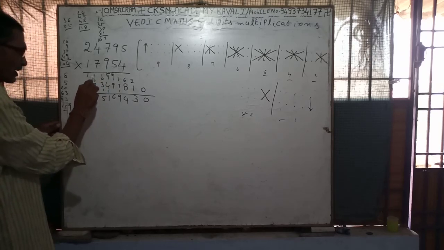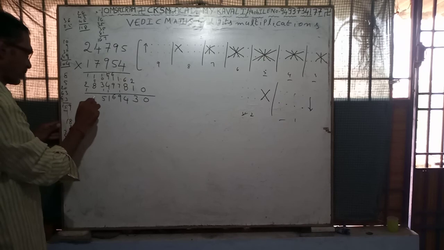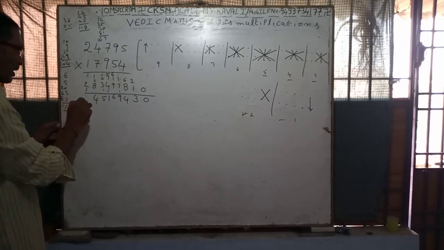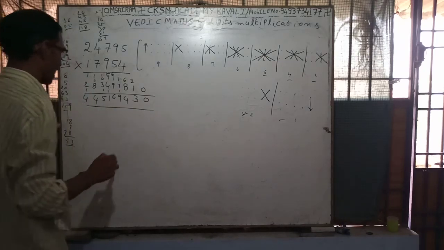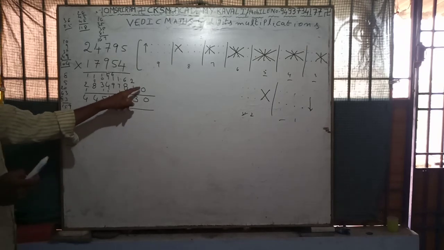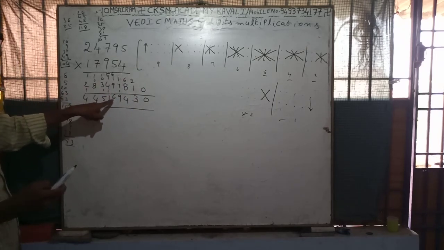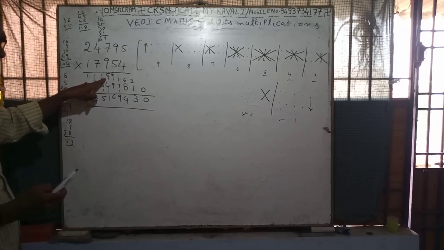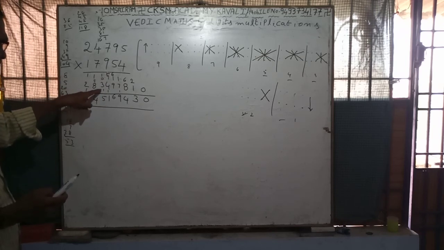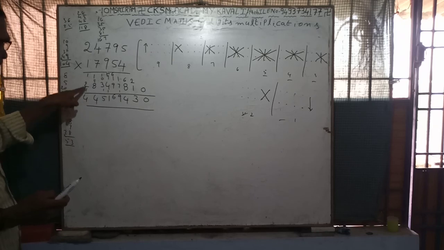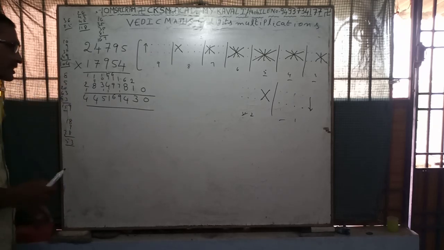Next 8 plus 1 is 9. 9 plus 5 is 14. 2 plus 1 plus 1 is 4. So this is the answer. We check once again: 0, 3, 14, 9, 16, 11, 5, 14, 4. So this is the answer.